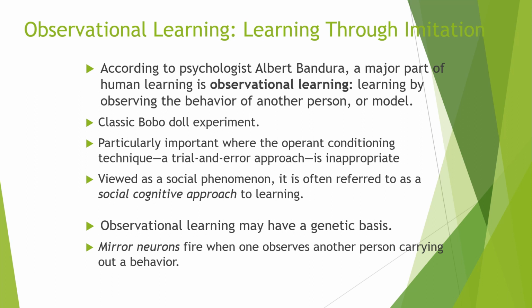Well, when it comes to observational learning, mirror neurons fire when someone observes another person carrying out a behavior. So they themselves may not be carrying out that behavior, but their neurons are firing when they see someone else carrying out the behavior. And so again, you can see this as a type of observational learning.